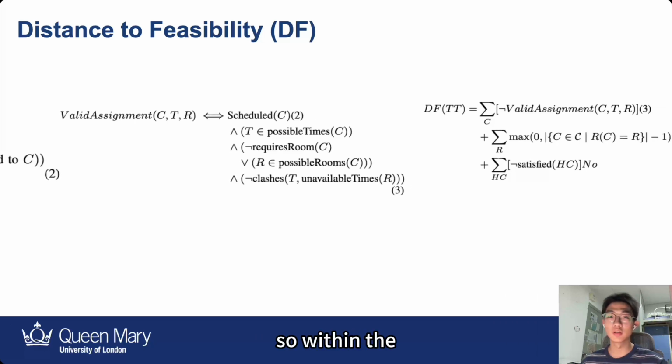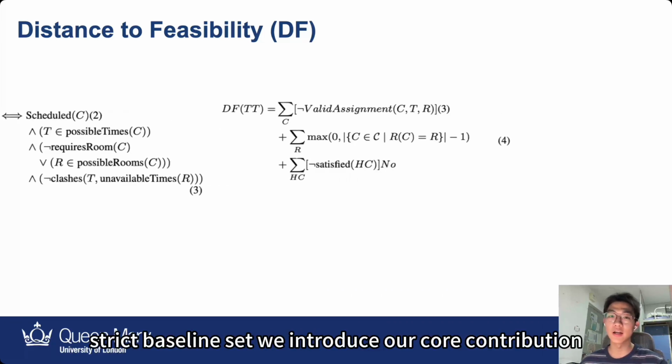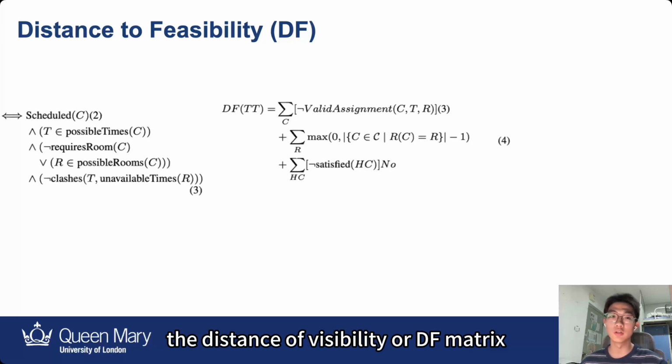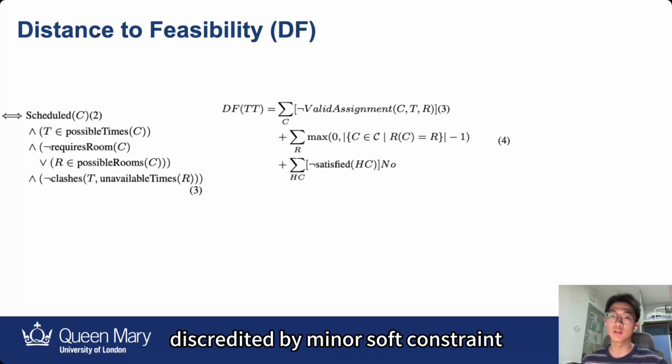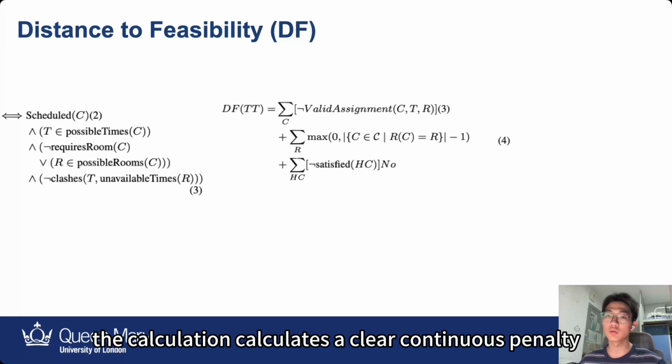Within this strict baseline set, we introduce our core contribution in the third equation, the distance to feasibility, or DF metric. Instead of getting distracted by minor soft constraints, this equation calculates a clear continuous penalty.